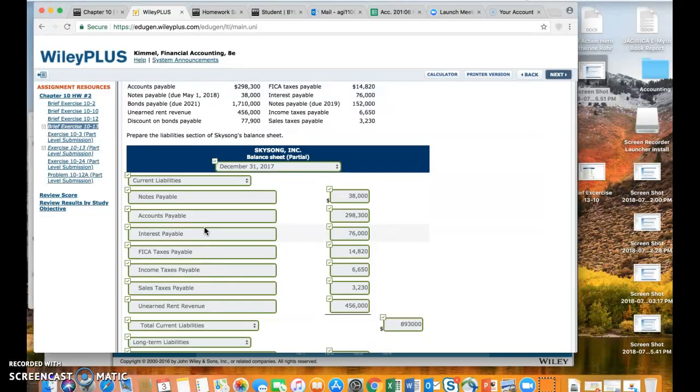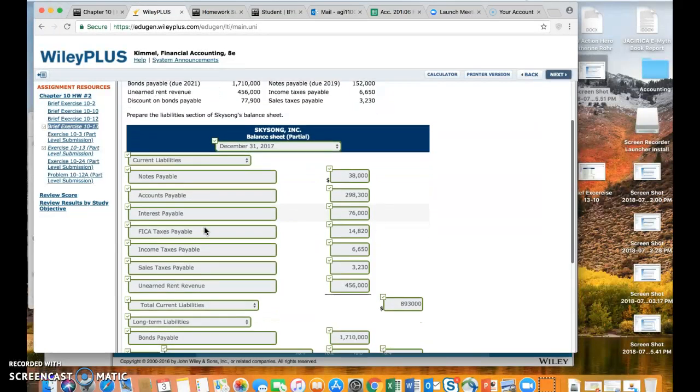I believe there is no set format for listing them, but ideally you start listing the notes payable before the other ones, as long as you got the items in the correct order.